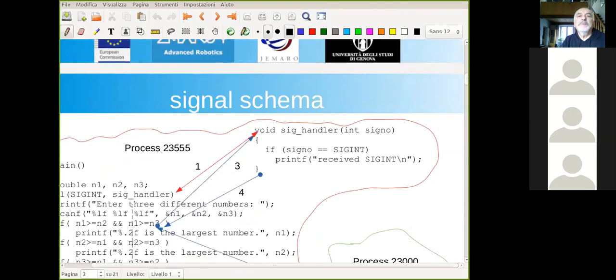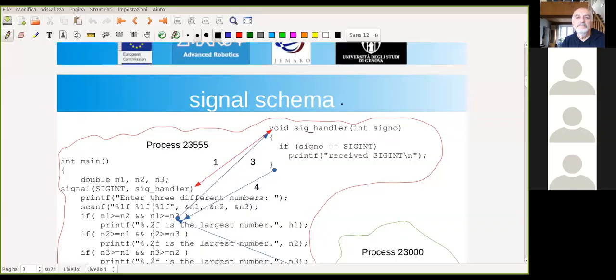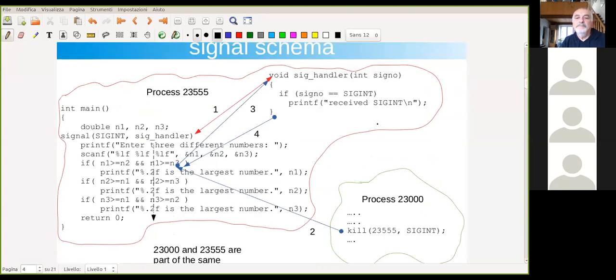Well, let me stop share and change the dimension of the screen. Okay. Okay. Can you see the signal schema? Yes, yes, we can see it.